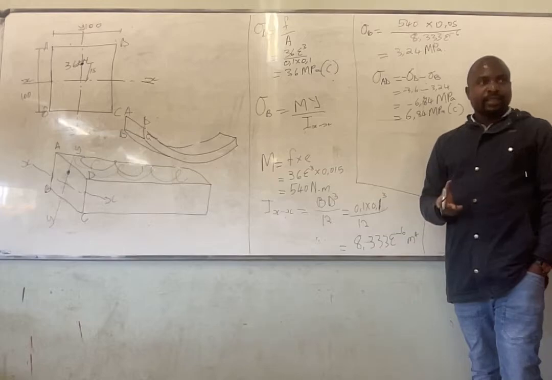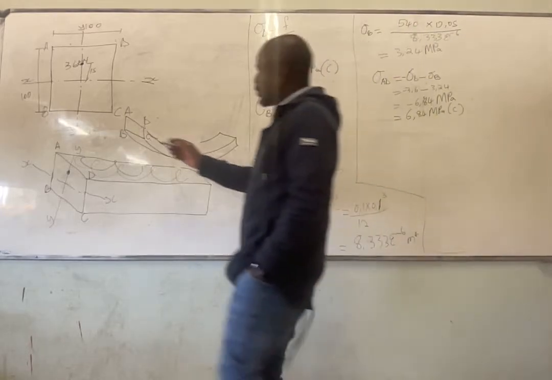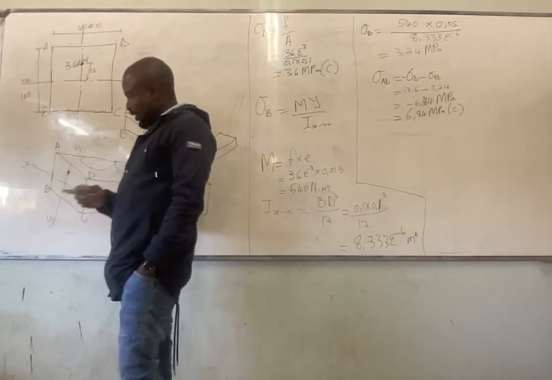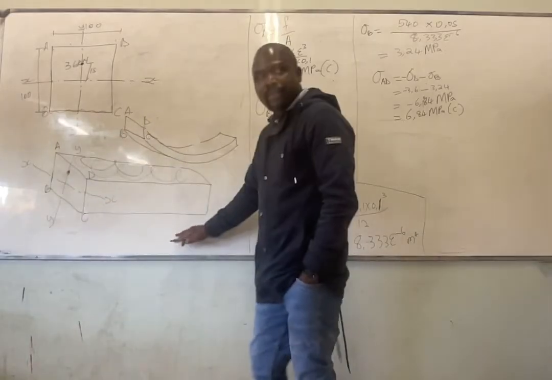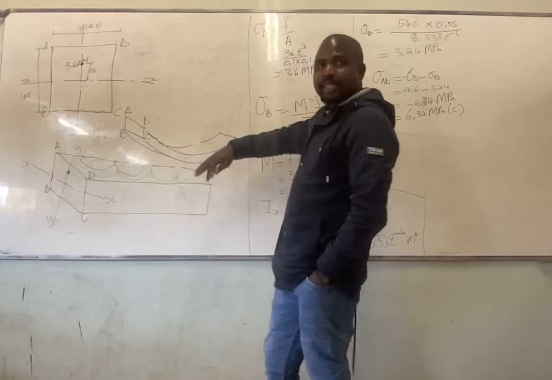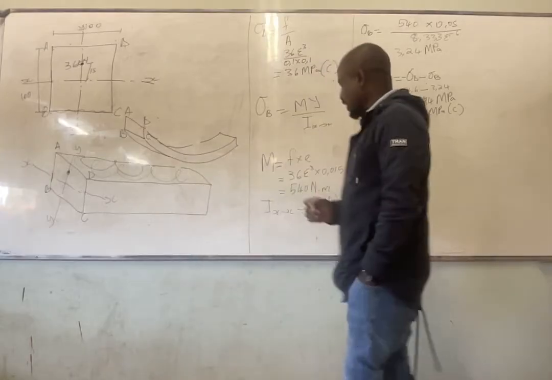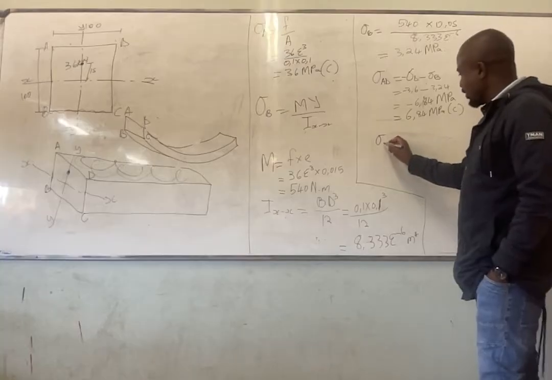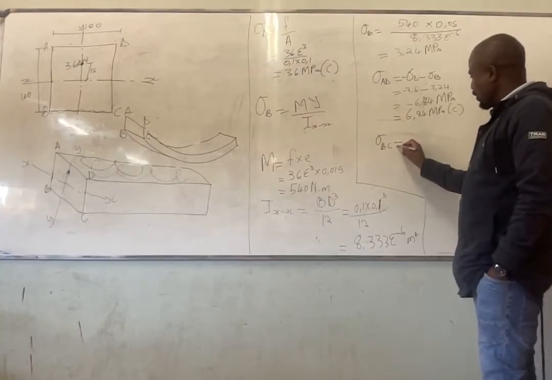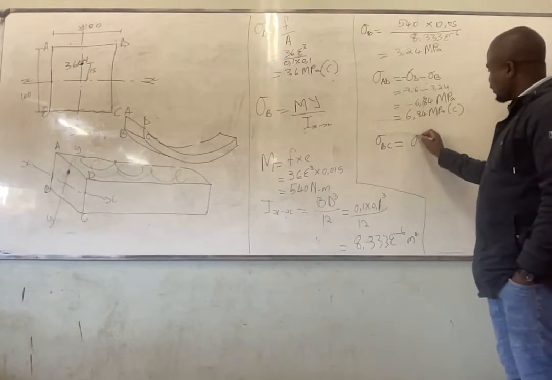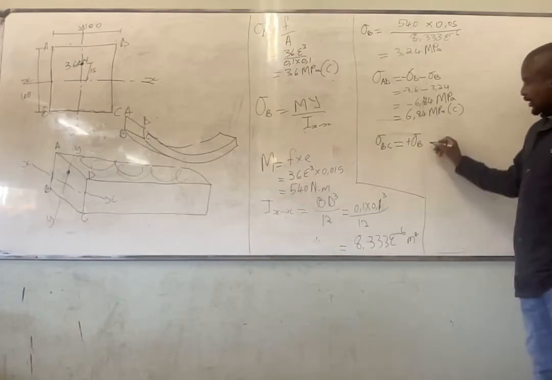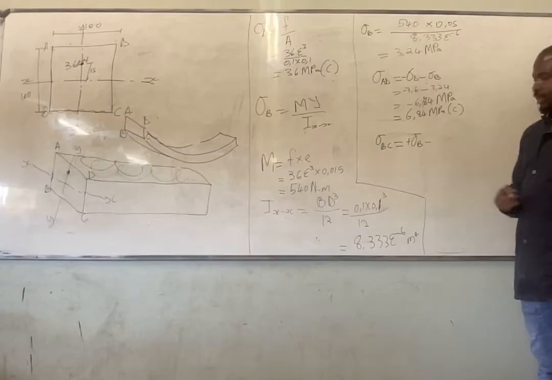So now they want us to calculate the stress where? BC. BC is the bottom, ne? So is the bottom compressive or tensile? Tensile. It means the bending stress at BC is tensile, meaning it's positive. What about the direct? Negative.